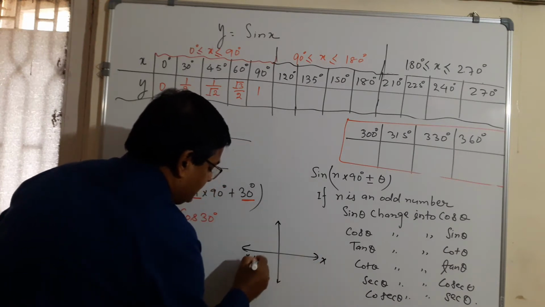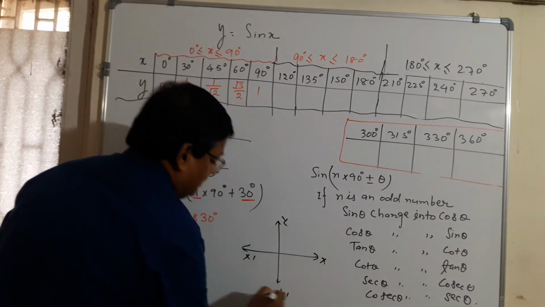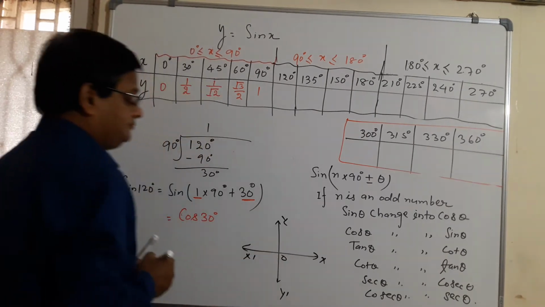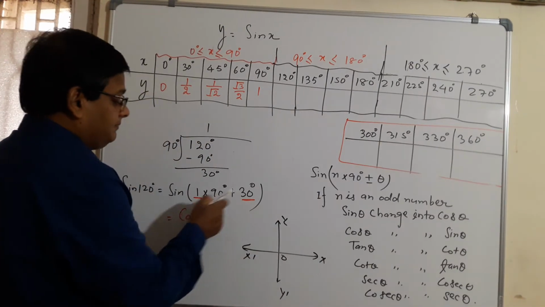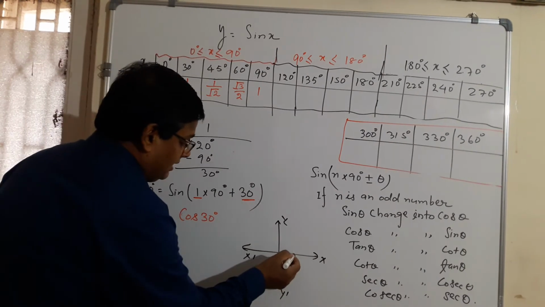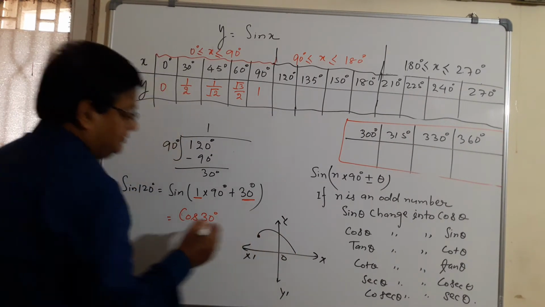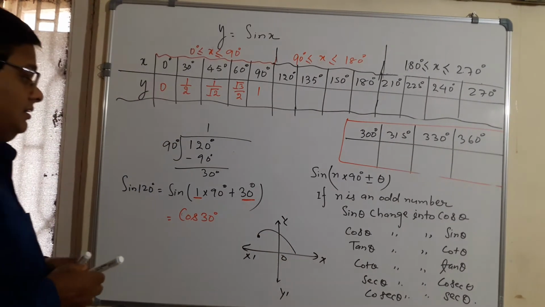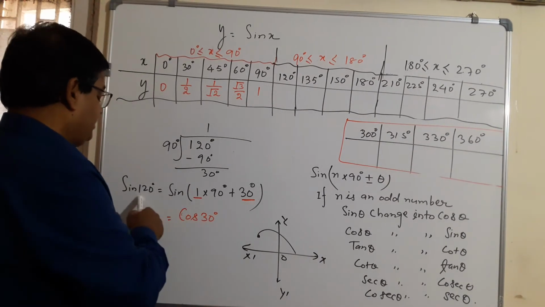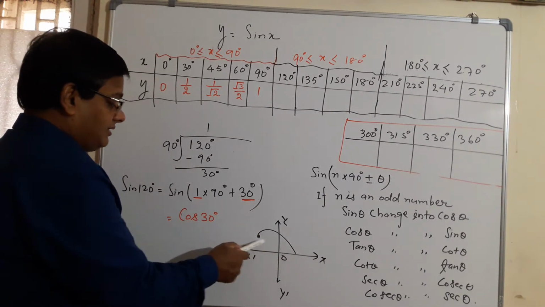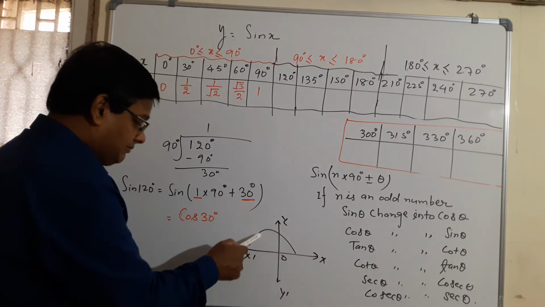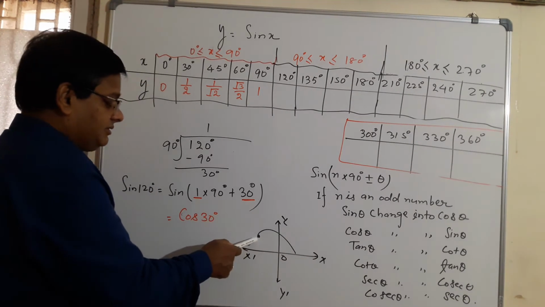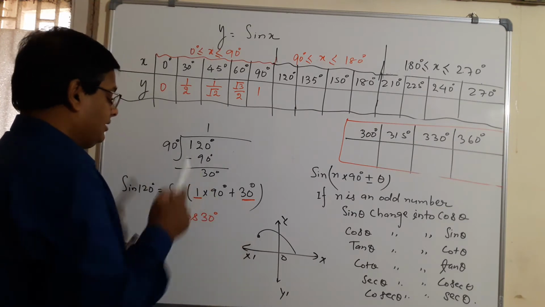Here x, x dash, y dash, and origin. So see here, 1 into 90 plus theta lies in the second quadrant. 120 degree lies in the second quadrant. Here 1 times 90 means up to here, then after plus theta it lies in the second quadrant.